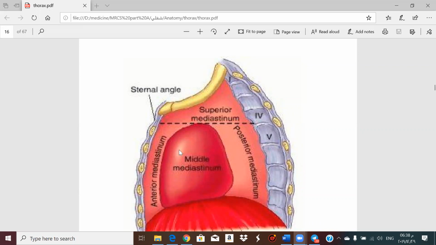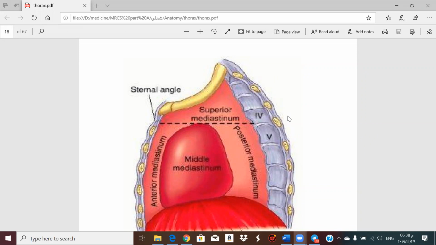Then inferiorly, the diaphragm. Anteriorly, the posterior part of the anterior mediastinum, just the anterior mediastinum. Posteriorly, the posterior mediastinum. Excellent, Dr. Daivish. Thank you very much.